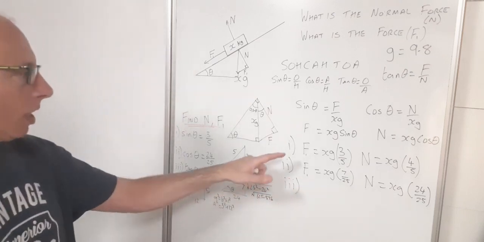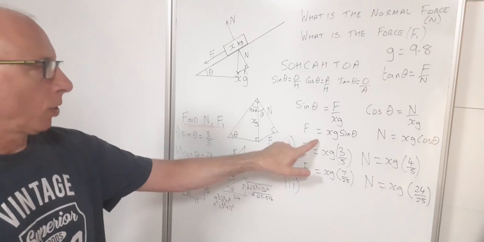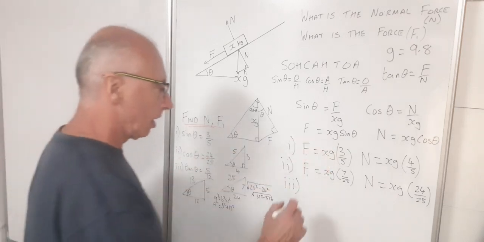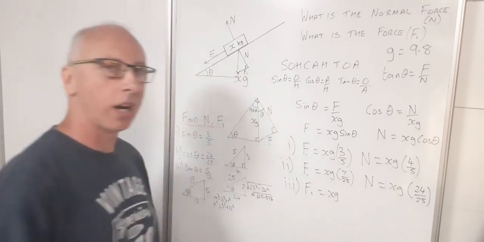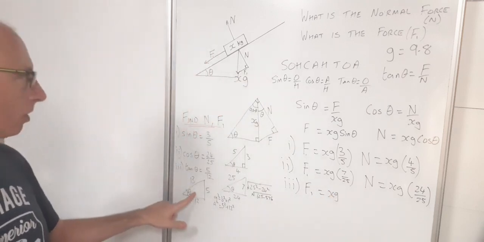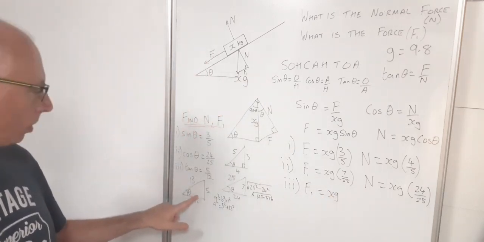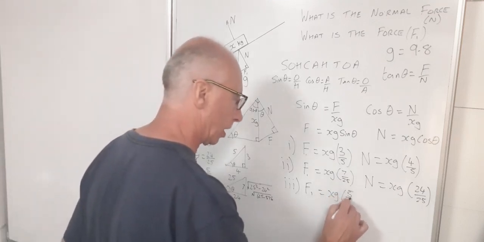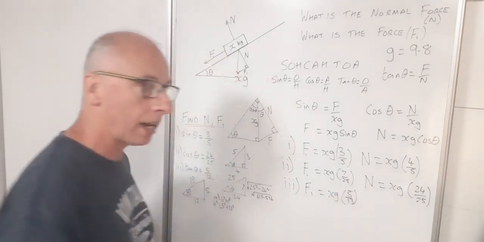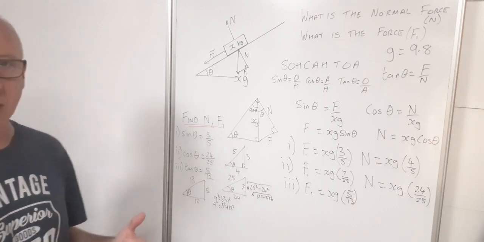So my force F is xg sine of theta. Sine of this angle is opposite over hypotenuse, so that's 5/13. These are all exact values, so I've not calculated these on the calculator.